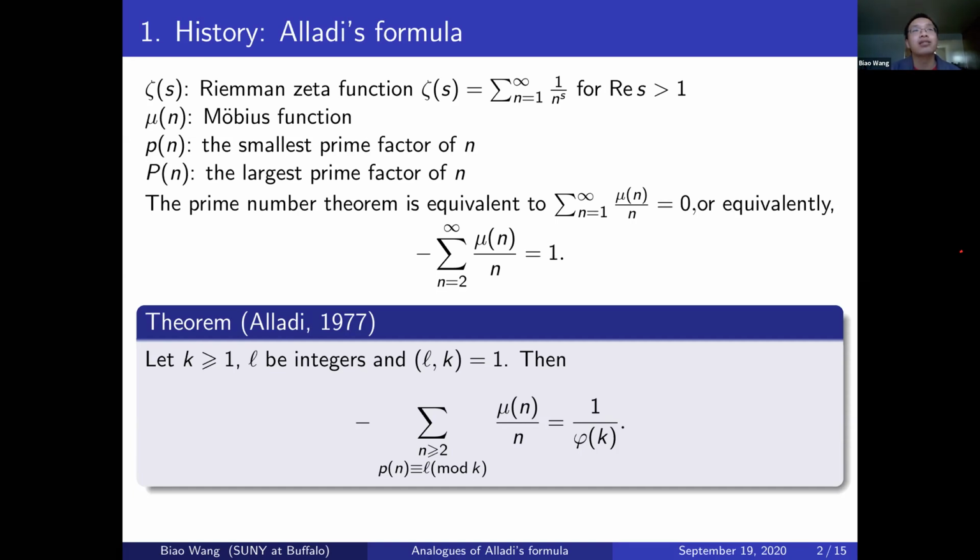If that density equals the natural density, if they are equal, then we should have a similar formula. Okay, did I answer your question?